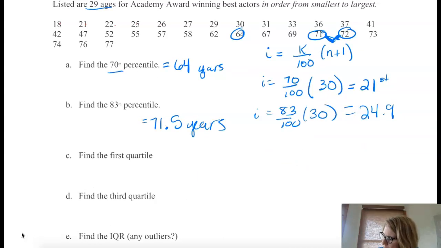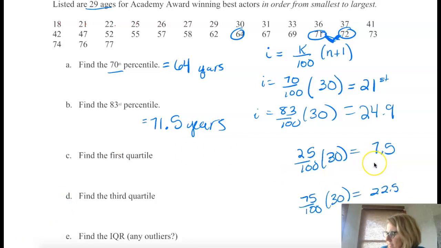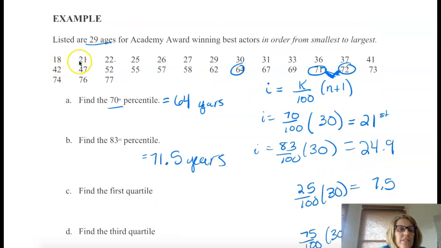All right, let's find the first and third quartile, and then we'll find the interquartile range. So the first quartile, remember, is the 25th percentile. So we do 25 over 100 times 30. And then for the third quartile, it's the 75th percentile. So we do 75 over 100 times 30. Okay, so for the first quartile, we got 7.5. So we're going to count 1, 2, 3, 4, 5, 6, 7.